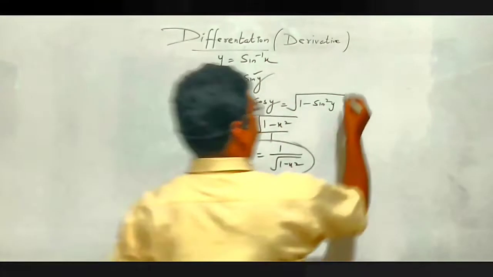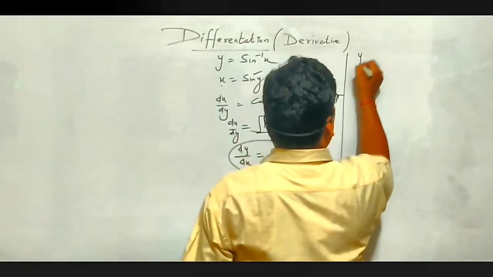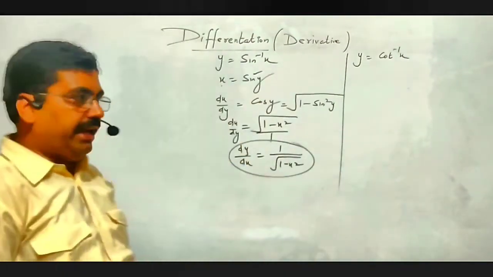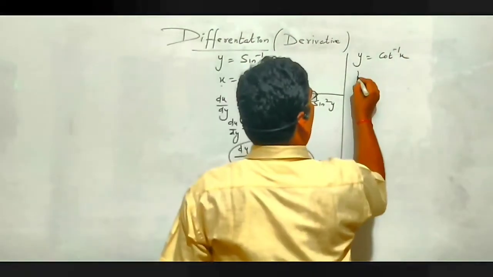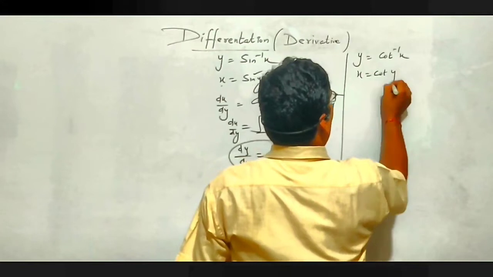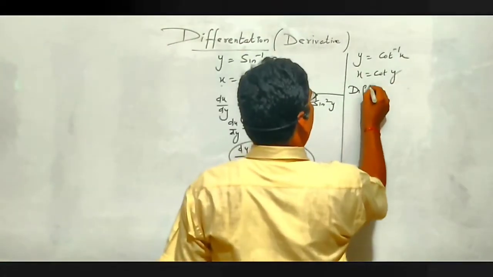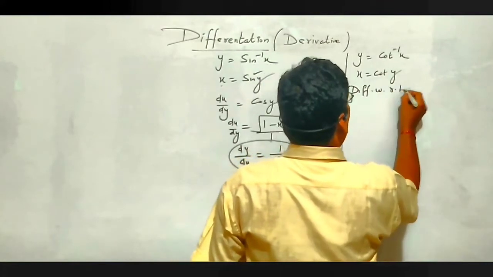One more example. The derivative of cotangent inverse x. Again, x equals cotangent y. Now differentiate with respect to y.